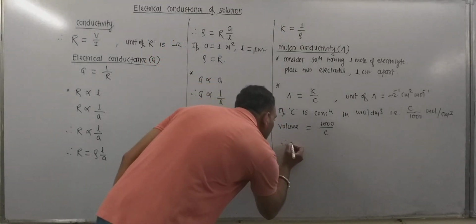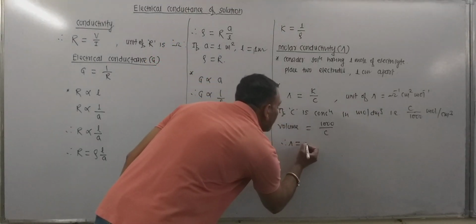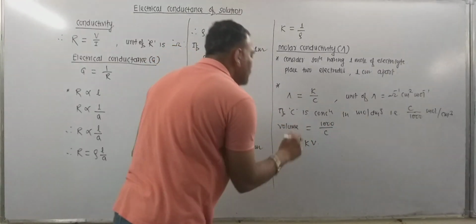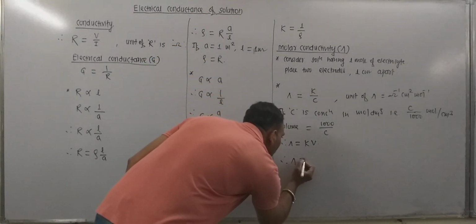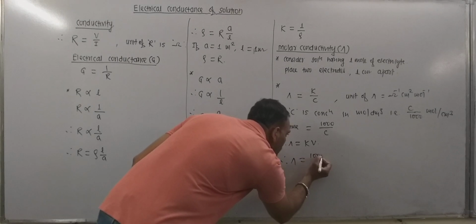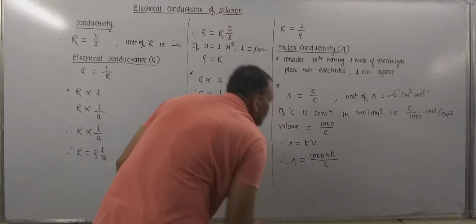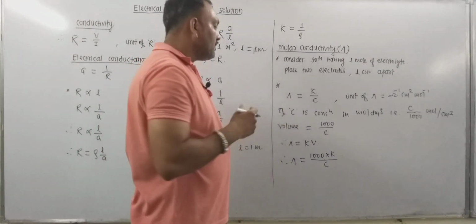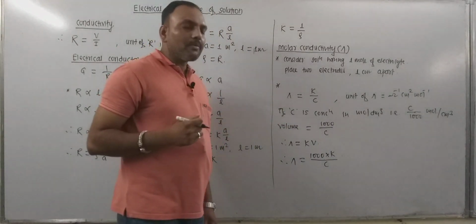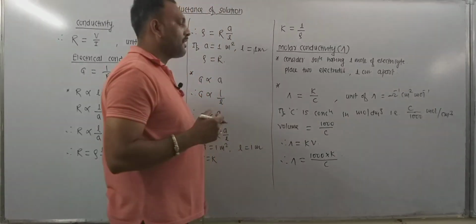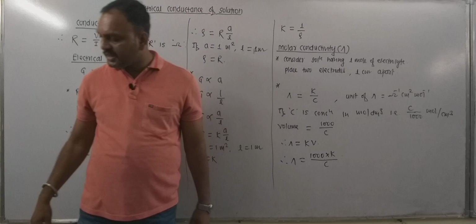Then one can also write lambda is equal to K into V. And if the volume comes to this, then lambda can be 1000 into K upon C. So, in this way one can calculate molar conductivity if conductivity and concentration are known to us.